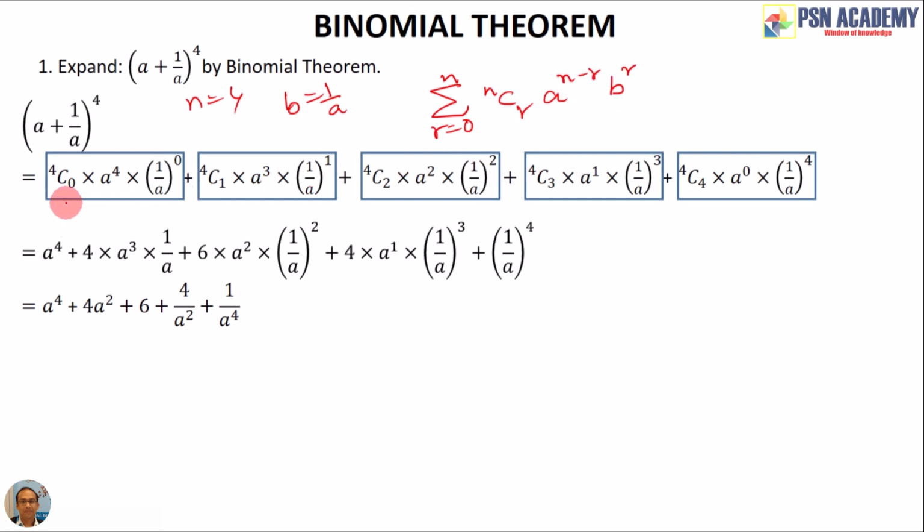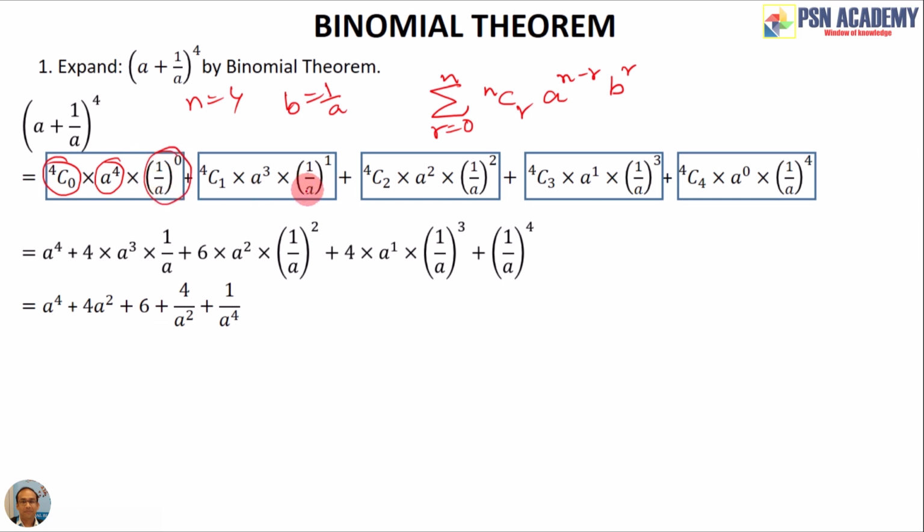So when r is 0, we have nC0. n is 4 here, so 4C0. Then a raised to n minus r, that means 4 minus 0, which gives you 4. And here b raised to r, that means 1 by a raised to 0.